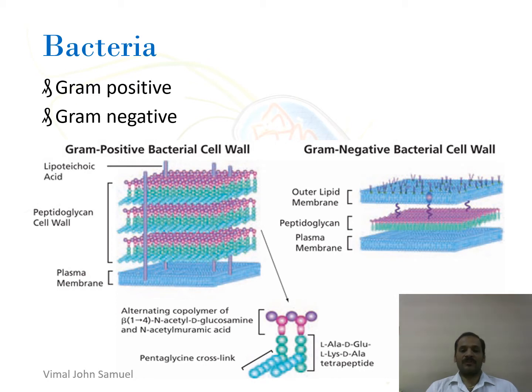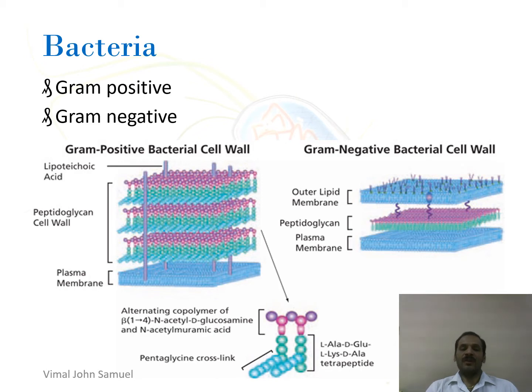For example, gram-positive bacteria have multiple peptidoglycan layers, while gram-negative bacteria consist of one or two layers. But apart from this, they have another protective layer made up of lipids.